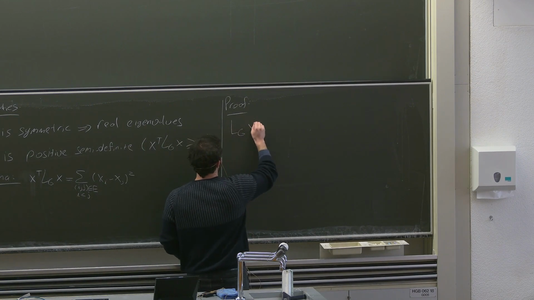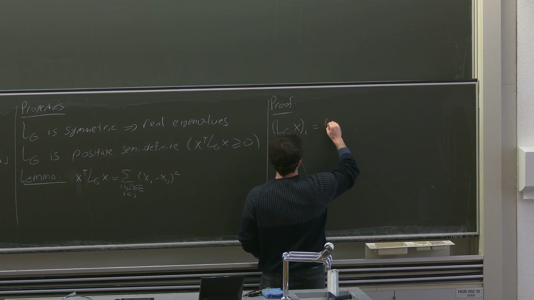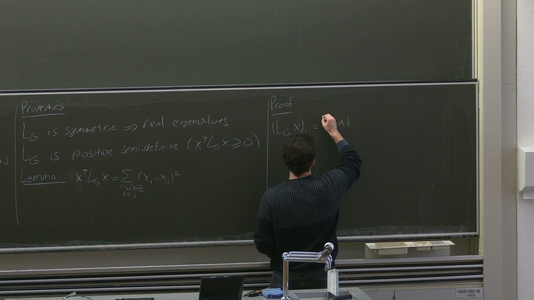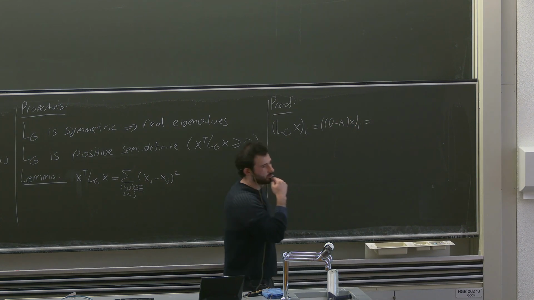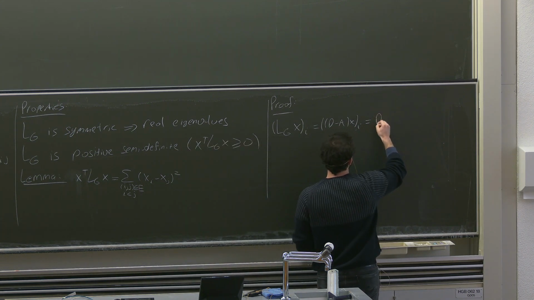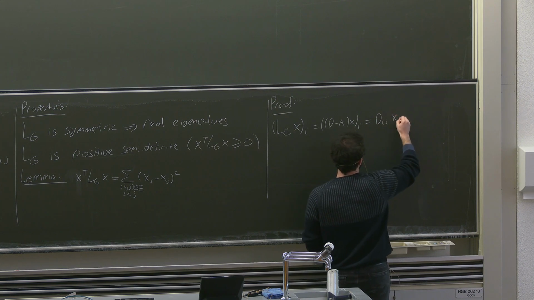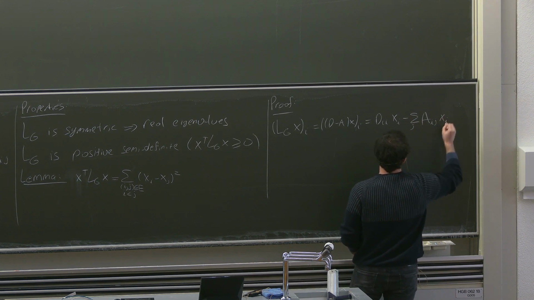So we have L_G x equals (D minus A) x. D only has diagonal terms, so D x is going to be d_ii x_i, minus A x, which by the definition of matrix multiplication is the sum over j of a_ij x_j.